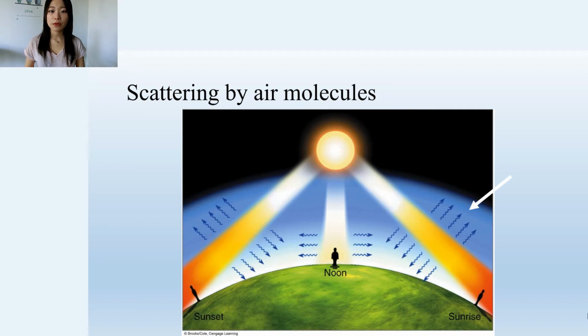So more blue light will scatter. So when the solar radiation reaches the observer, only the long waves are left, since the short waves are scattered away. So at sunset and sunrise, the sun will appear red orange-ish. And all the blue light is scattered away along the path, which makes the sky blue.